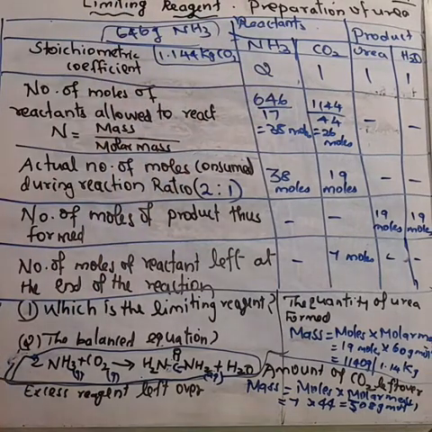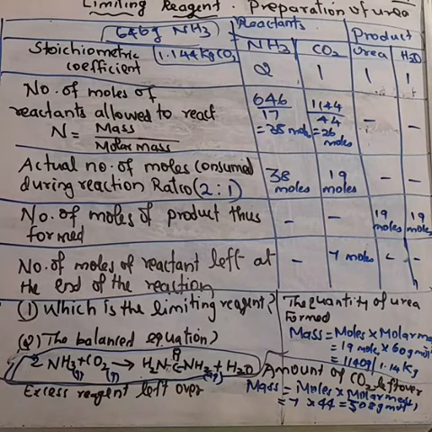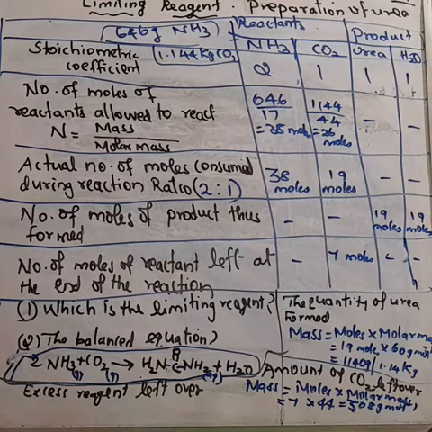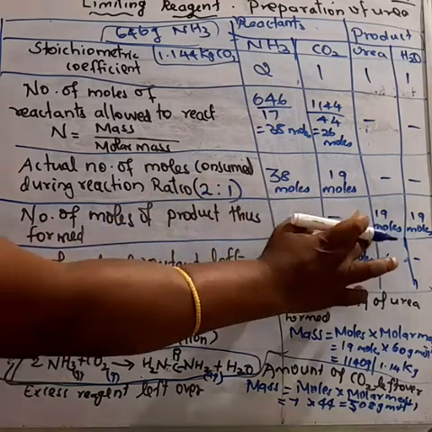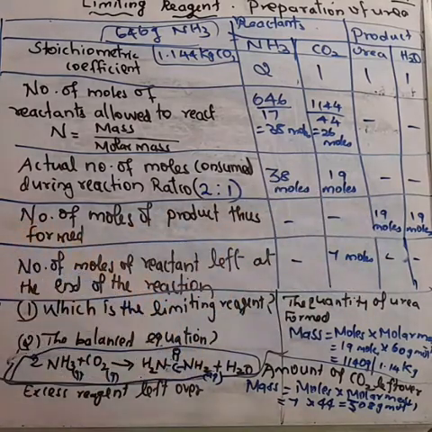Which one is the limiting reagent? And second question, calculate the quantity of urea formed and the unreacted quantity of the excess reagent. Which one is the excess reagent? That is the second question.